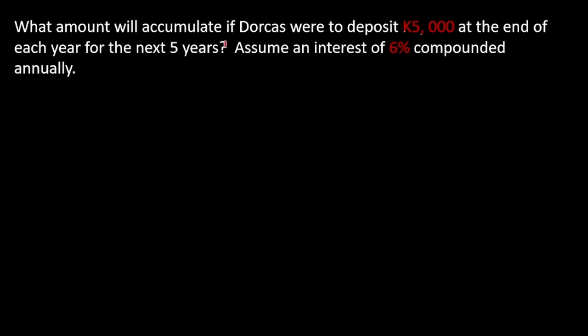The key is at the end of each year. So when you see that, just know that this is an ordinary annuity. And deposit deals with the future.